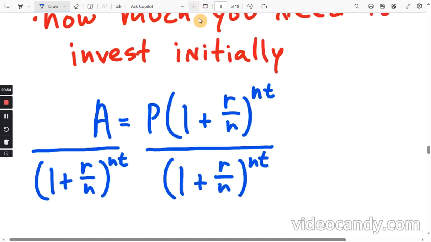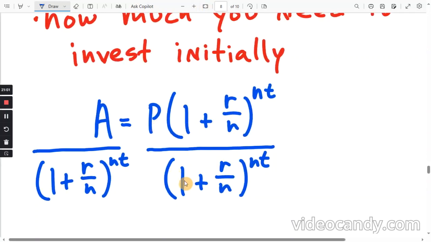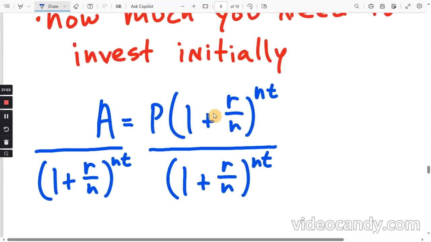We started with this right here. I divided both sides by this part in parentheses in order to isolate the P. So this divided by this cancels, and I have P equals this mess right here.